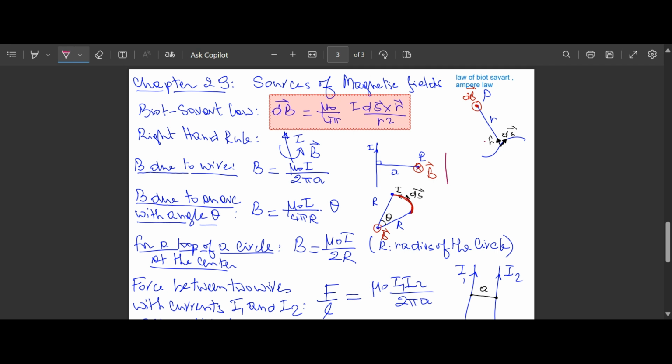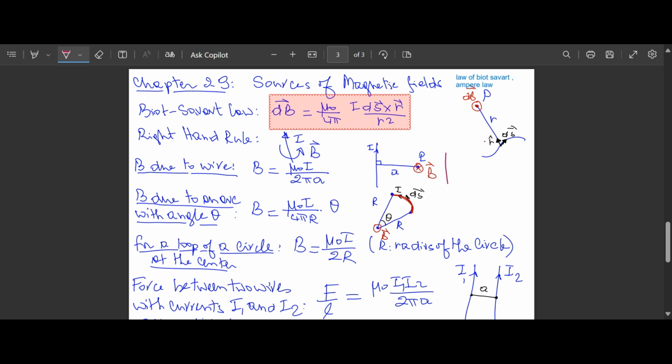That's B, that's B. You see, it is tangent all the time, for the same radius R or A. So this is the rule when I have a straight wire.